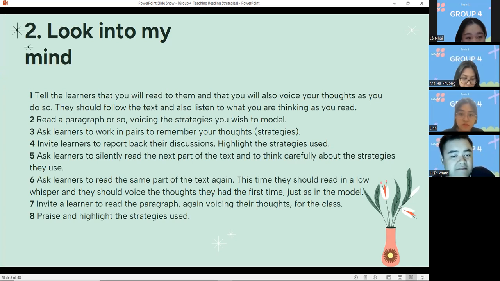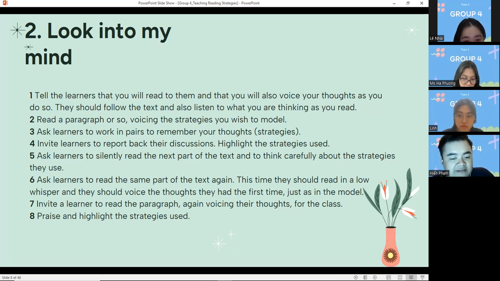The second step is to read the paragraph and use the strategies you want to model. The next step is to ask learners to work in pairs with your strategies and then invite learners to report their discussion. Then you ask learners to silently read the next part of the text and use the strategies again.